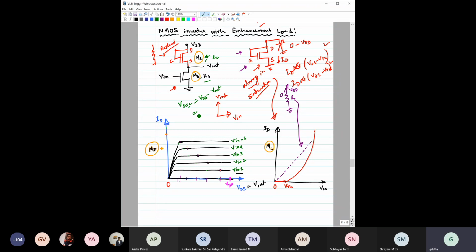Then what is Vout? Vout is VDS driver. So can I write VDS load is equal to VDD minus VDS driver? Please say yes or no. Yes, sir.